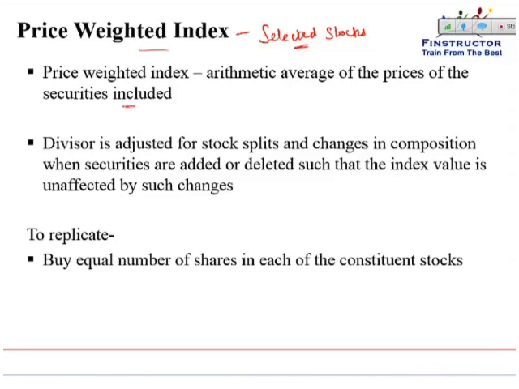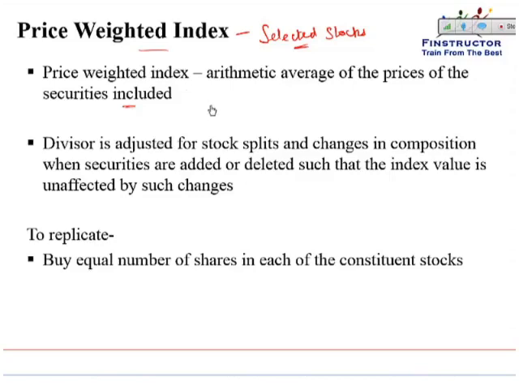Just one point to note, that the divisor in a price weighted index is adjusted for stock splits and changes in composition when securities are added or deleted, such that the index value is unchanged by any such changes. So actual return on the stock will of course affect the index.